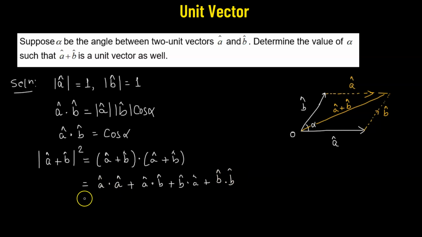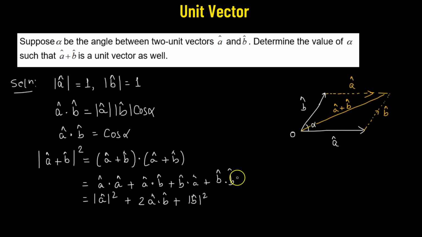Now a cap dot a cap will be the magnitude of a squared. Plus, we know that the scalar dot product commutes, so a dot b is the same as b dot a, so we can combine them as 2 times a dotted with b, plus we have b vector dot b vector.